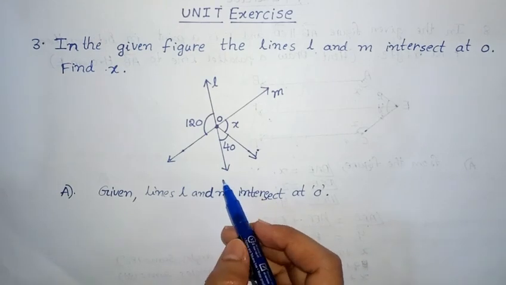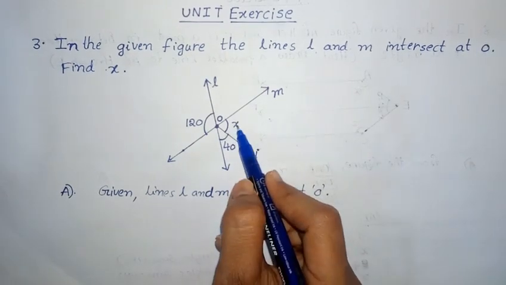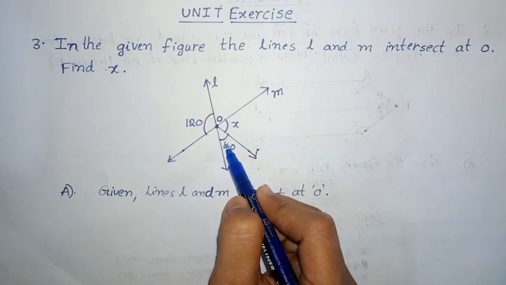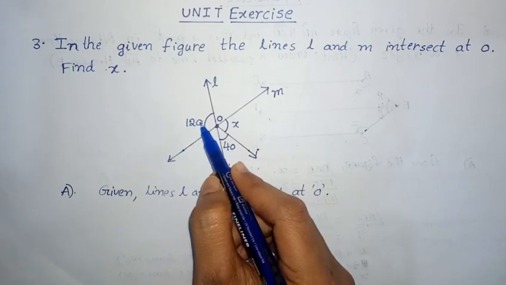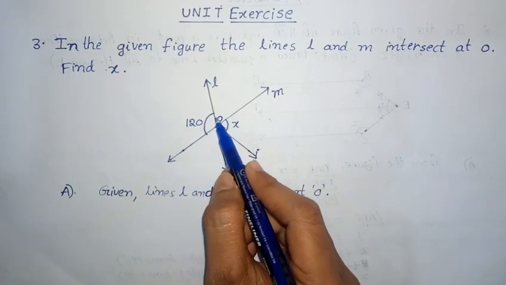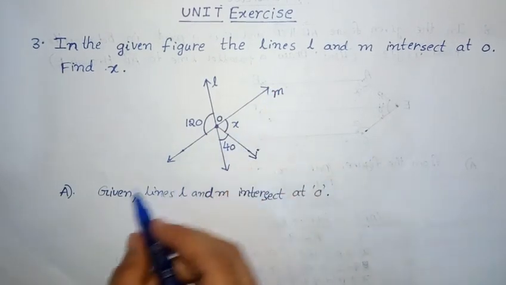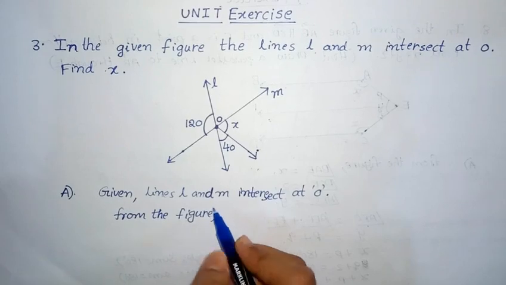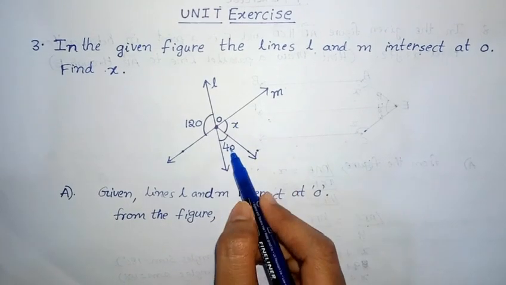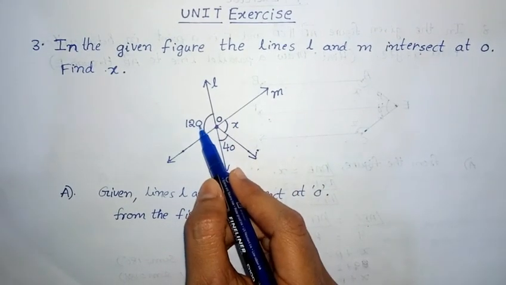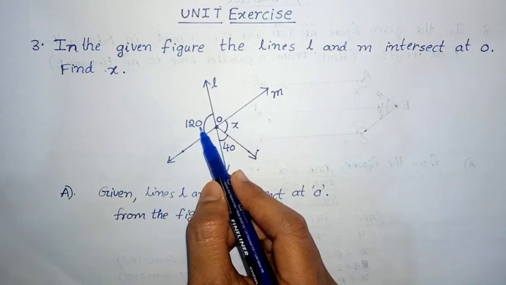So observe the figure. The angle x plus 40 is the vertically opposite angle to 120 degrees. Why? Because lines L and M are intersecting lines. So from the figure, x plus 40 is equal to 120 degrees, because these two are vertically opposite angles.